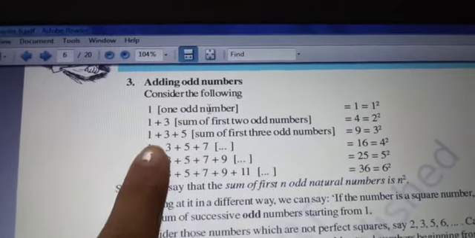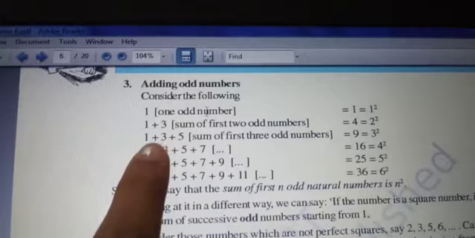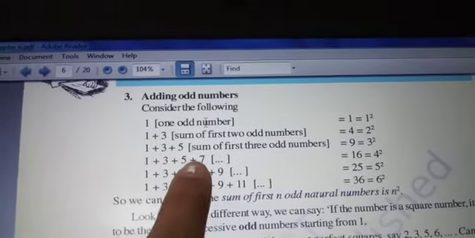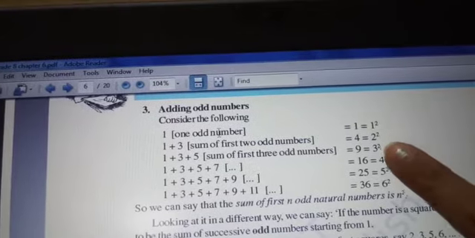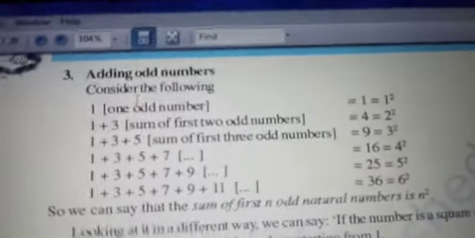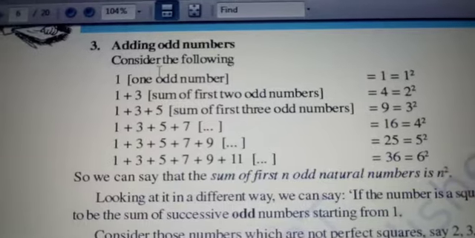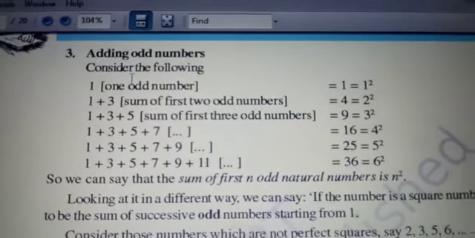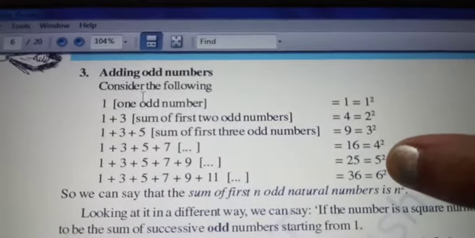Likewise, if you add the odd numbers, first 2 odd numbers, first 3 odd numbers, first 4 odd numbers, you will get the square numbers 1, 4, 9, 16, 25, 36, which is nothing but 1 square, 2 square, 3 square, 4 square, 5 square. So if you add the odd numbers one by one, you will get the pattern of the square numbers.